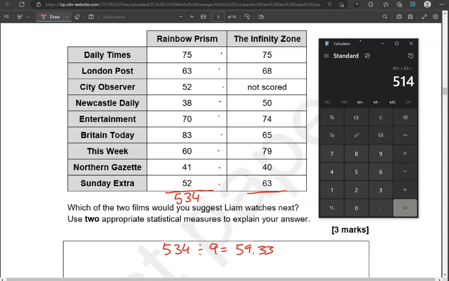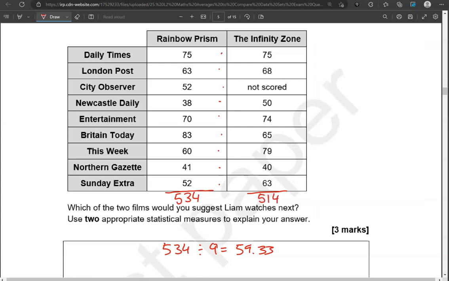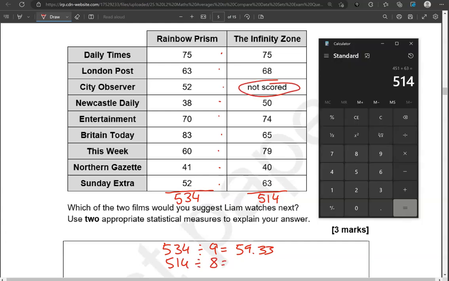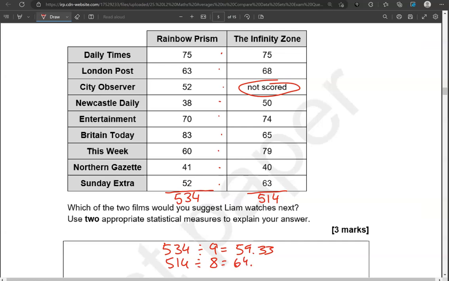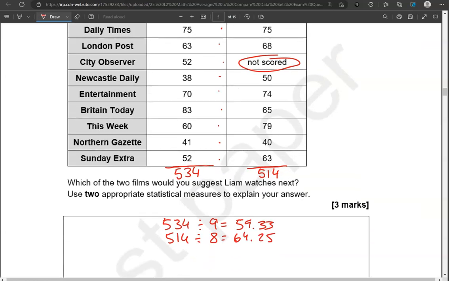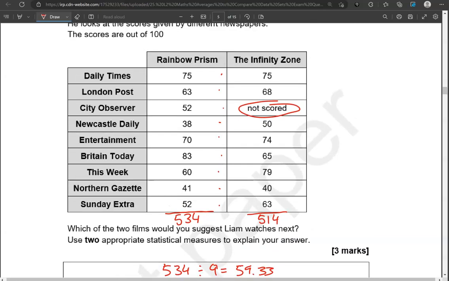So 514 divided by 8, so one less. Gives us 64.25. So we can see that the mean is higher for the Infinity Zone.